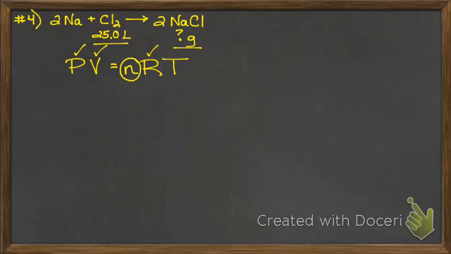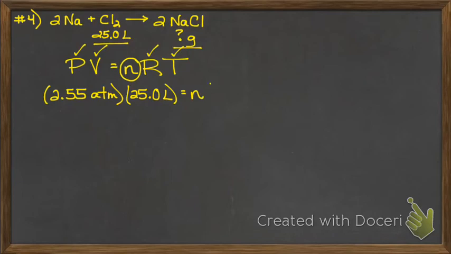We always have a value for R. Were we given a temperature? Yes. So can I use the ideal gas law right away? Yes, I can. In this particular problem, yes, I can. So let's do that. So we've got 2.55 atmospheres, and the volume of the gas was 25 liters.